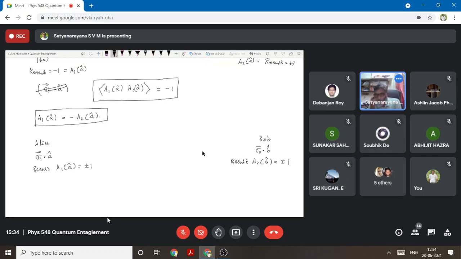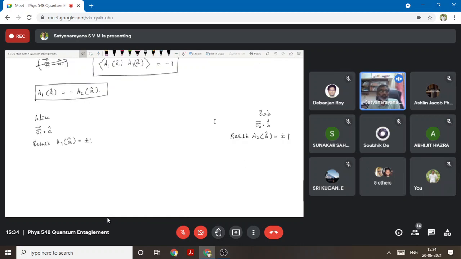Now, the correlation will not be exactly like what we saw earlier. That is, A1 of a is not equal to minus A2 of b. So this is something we can understand. Now you want to actually calculate what the correlation is.